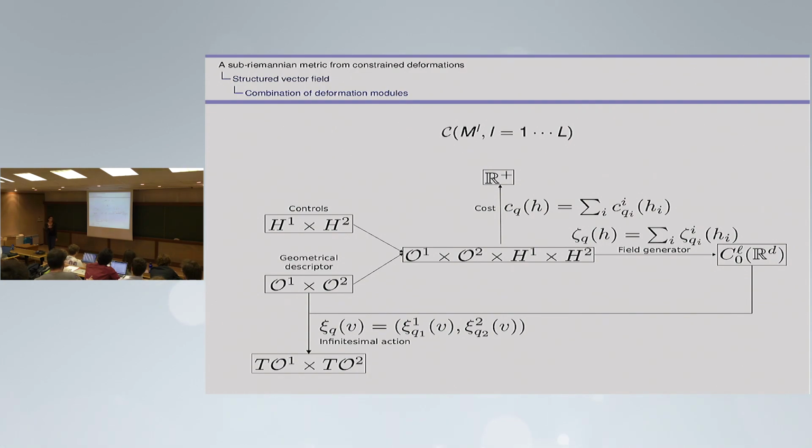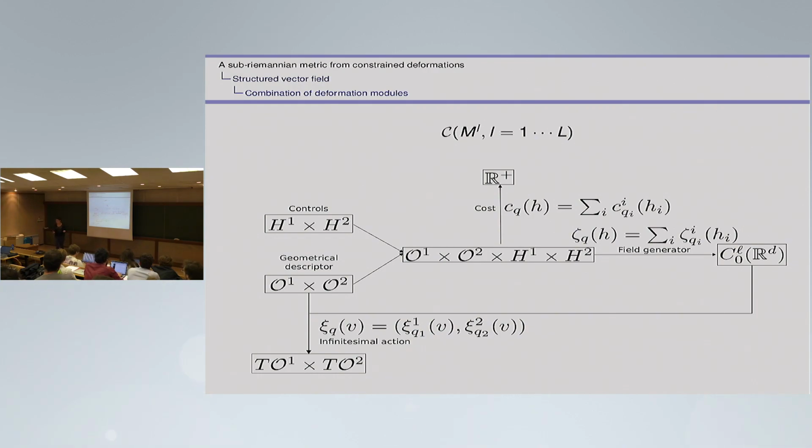Note now that if we combine the 2 by saying how a geometrical descriptor and the control can act back on a geometrical descriptor, so you build a field and you apply it back, each one is going to feel the total vector field, not only the field that it generated via its field generator, but the whole field, so the sum.